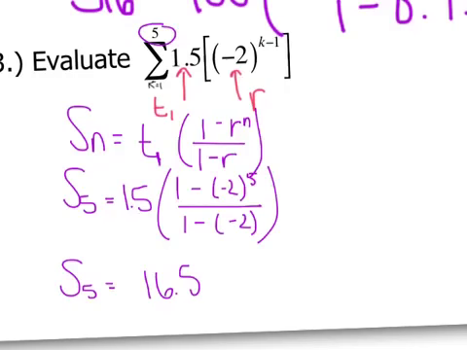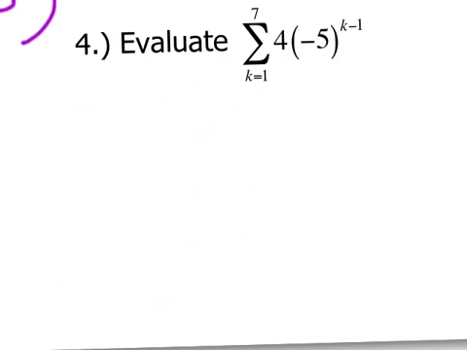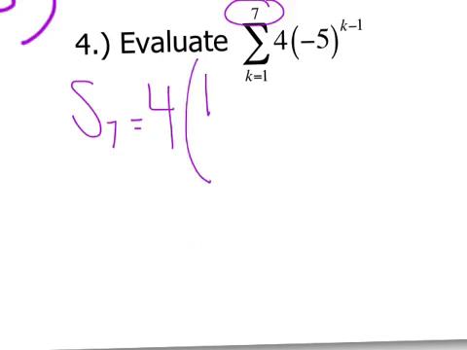So if you are struggling with your calculators, let me know. For number 4, our value of n is 7, so S sub 7. What's my first term? You have to understand how to look at these summations. 4 times 1 minus, what's the common ratio? Negative 5.